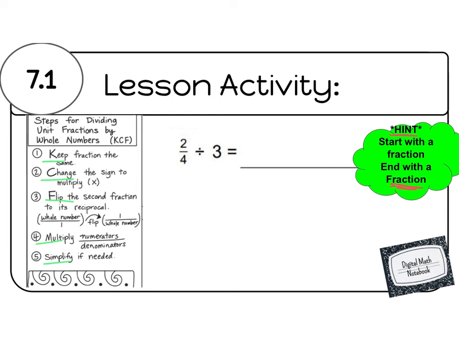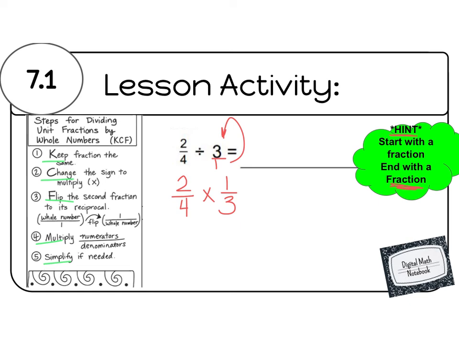Let's check that out. My first step is to keep 2/4, then change my sign, and then 3 has an invisible 1 underneath, and we're going to flip it upside down, which means 1 is going to go to the top and 3 is going to go to the bottom.